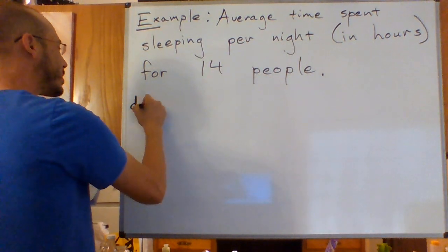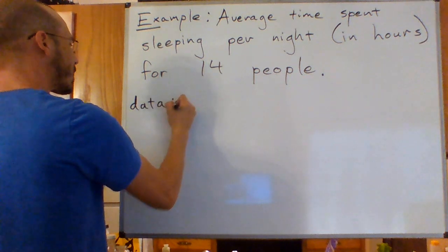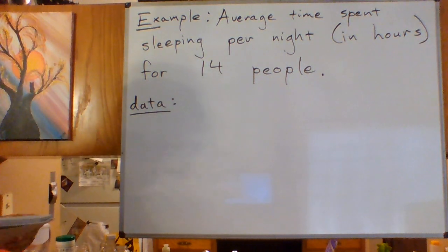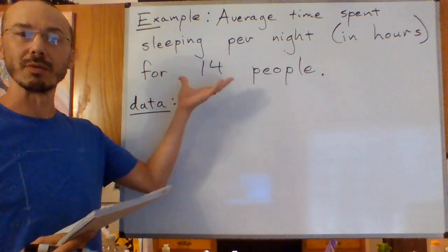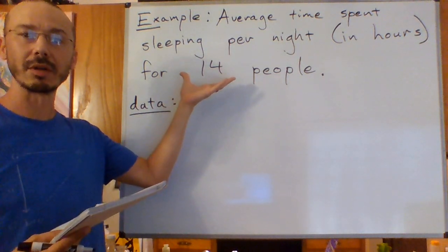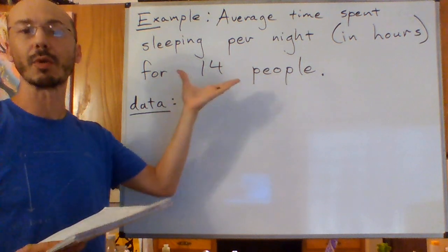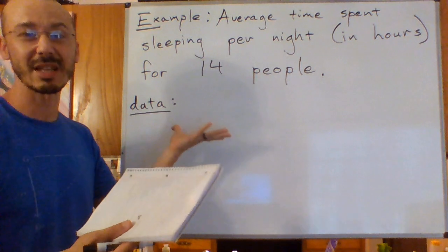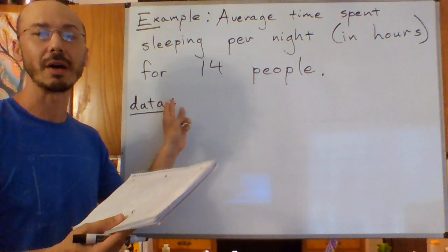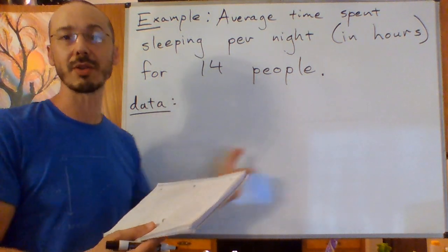And the data, in this case, the data are a list of 14 numbers, one average number of hours for each of the 14 people. So 14 numbers, that's kind of a lot of numbers. I'm going to write a row with 7 and another row with 7.